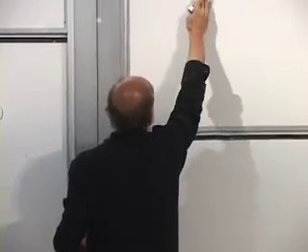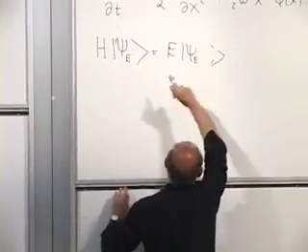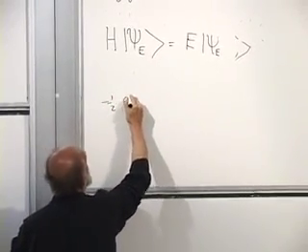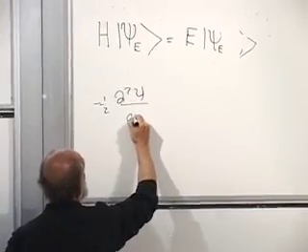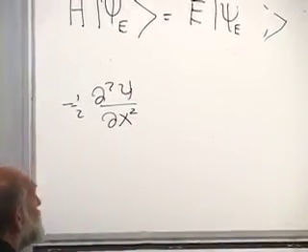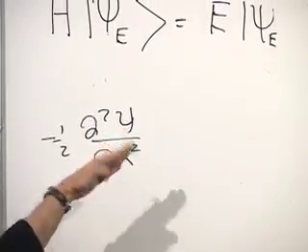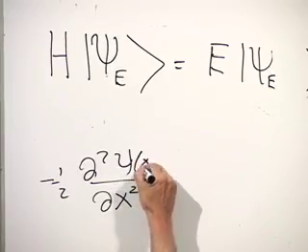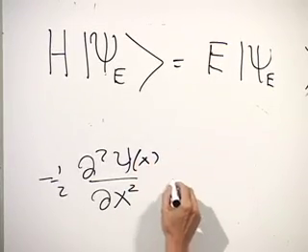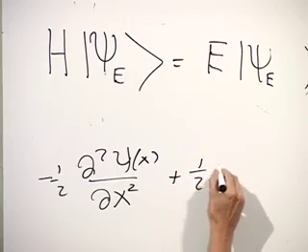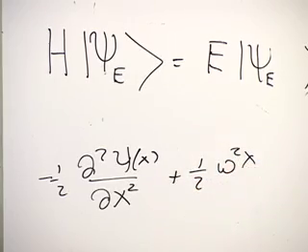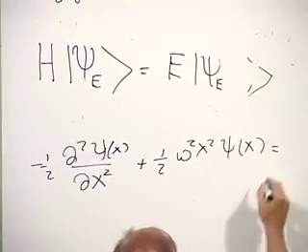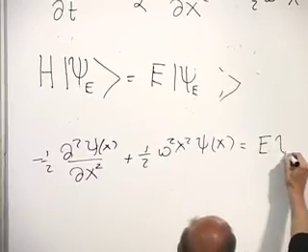All right, what is H? H is the right-hand side of the Schrodinger equation up there: minus 1/2 d second psi by dx squared. This is H on psi, or the representation of it in terms of ordinary functions, psi of x, plus 1/2 omega squared x squared psi of x equals E times psi of x.